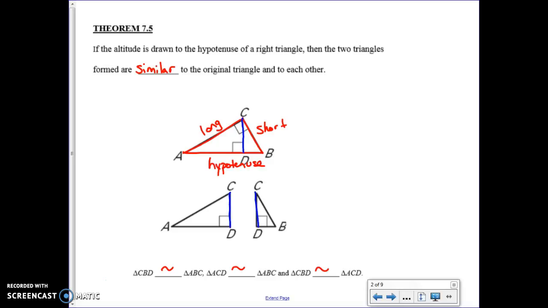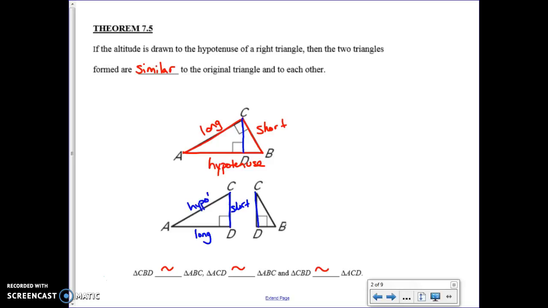Notice the altitude doesn't play into anything in the side length of that big triangle. But if I look at this medium-sized triangle, this is the short leg here, this is the long leg here, and this is the hypotenuse.